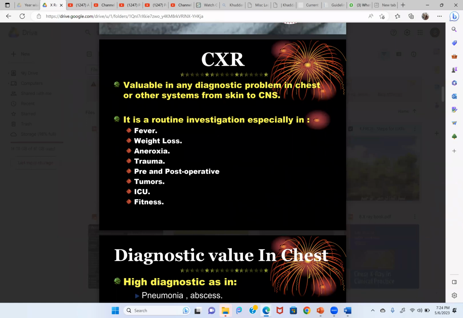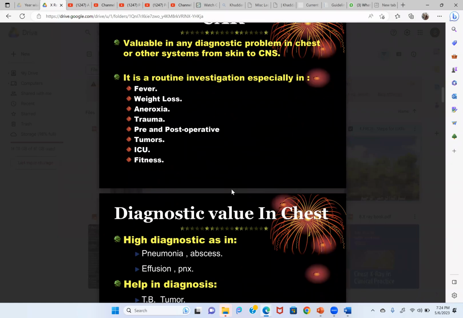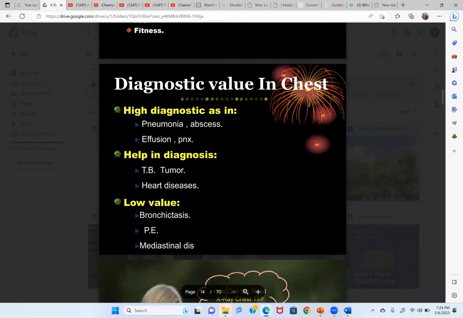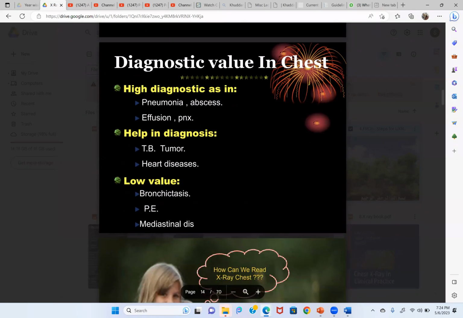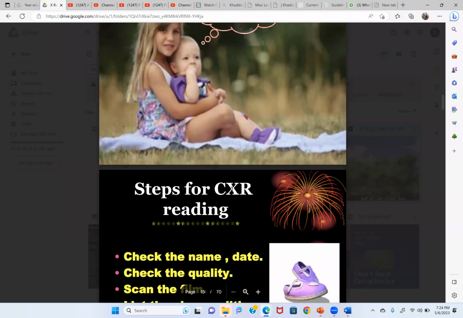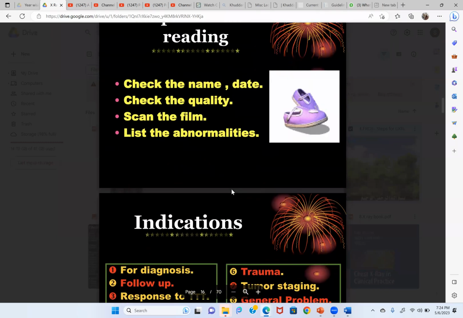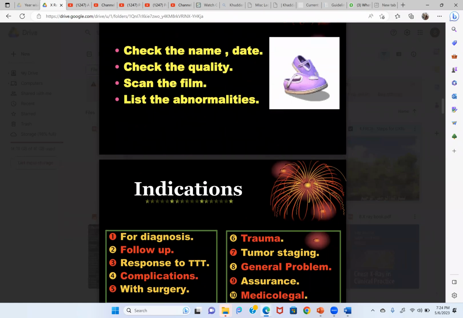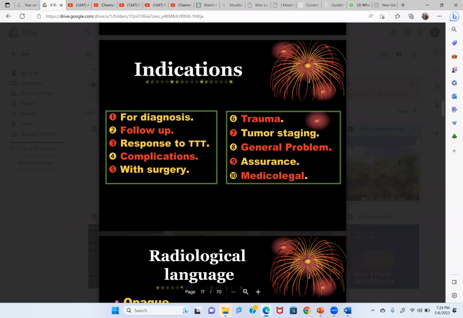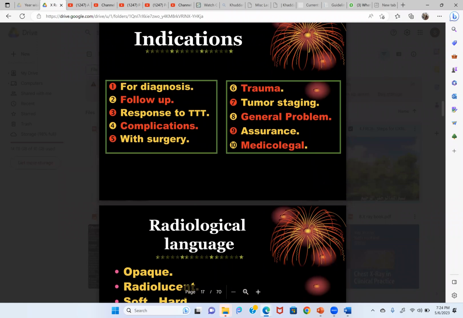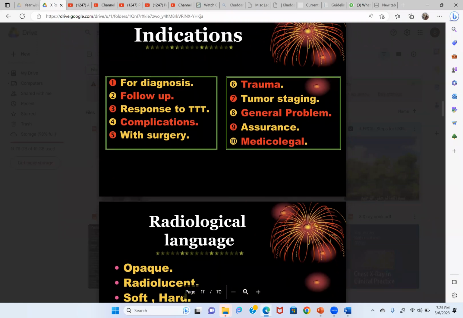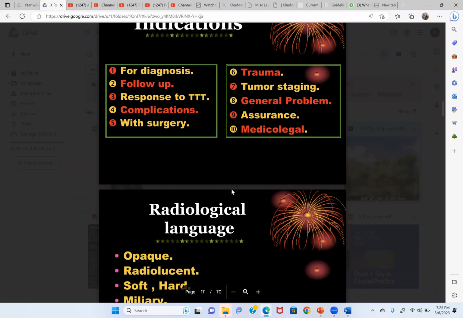So you will correlate. As they have mentioned here, tumors, pneumonia, abscesses. These are the basic stuff. Check the name and date, check the quality, scan the film, list the abnormalities, and as they have mentioned, for diagnosis, follow up, response to treatment, trauma, tumor staging.